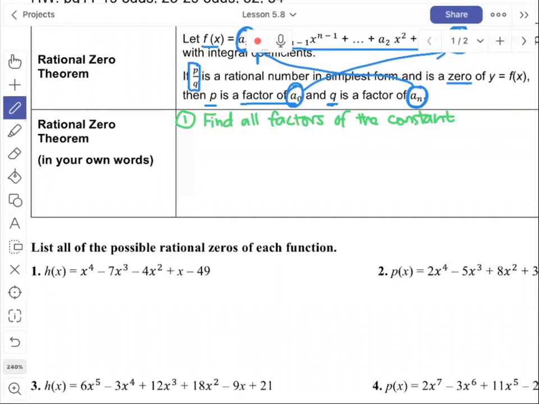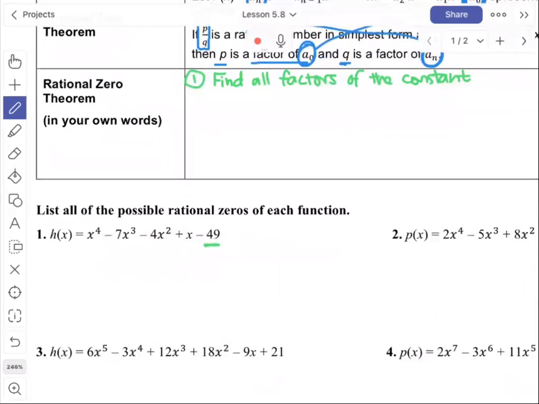So in number 1, look for the constant. And hopefully you're looking at negative 49. That is the constant. For this part, don't worry about positives or negatives. That's a negative 49, but I'm just focusing on finding the factors of 49.